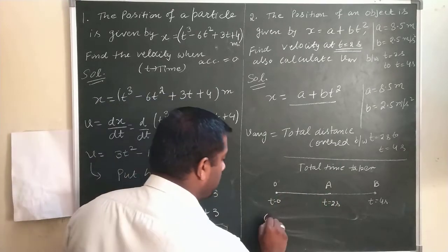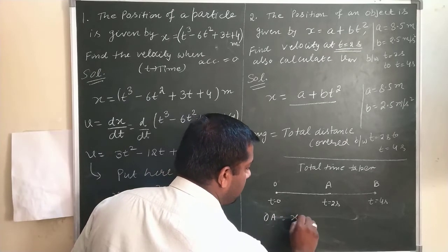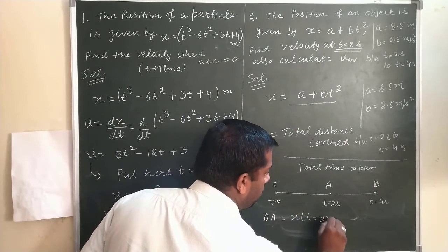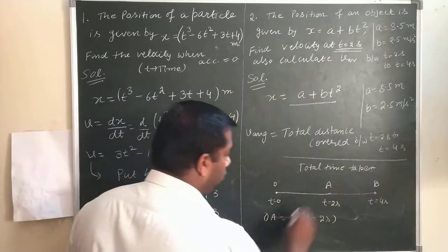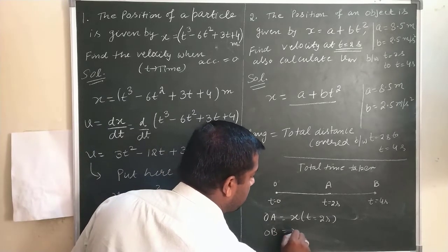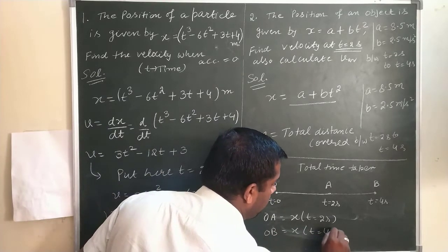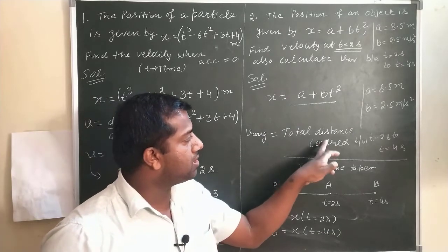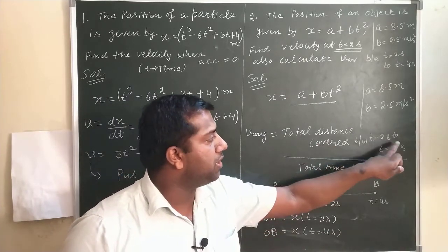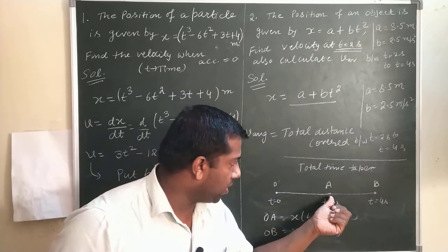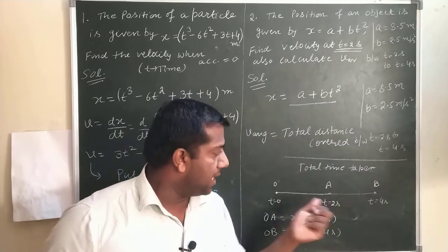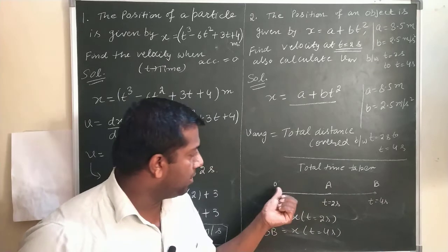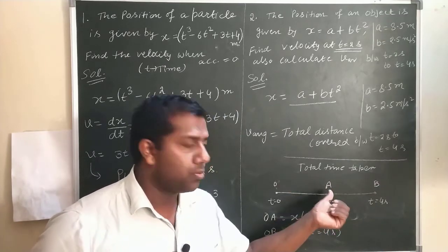OA is the distance traveled in 2 seconds. And what is OB? This is the distance traveled in 4 seconds. But we want to calculate the total distance covered between 2 seconds to 4 seconds, means from the point A to the point B. And this distance is simply equal to OB minus OA.